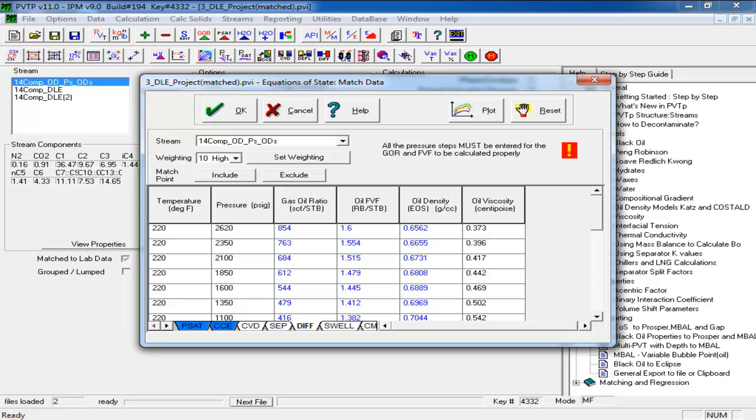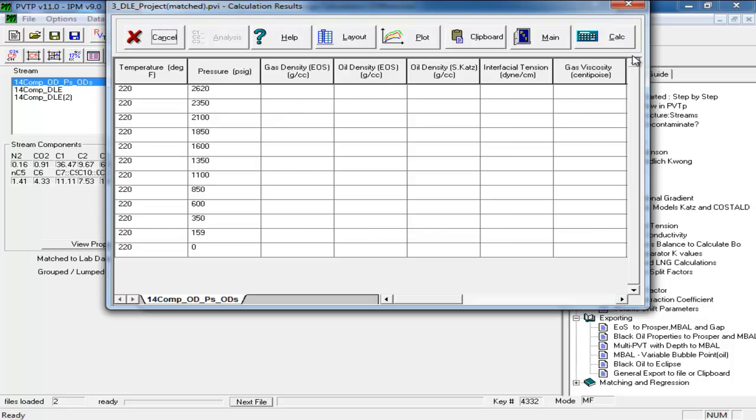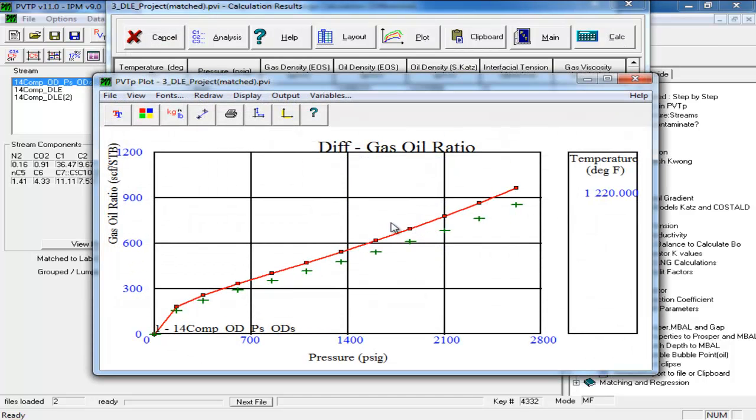To know that, you just go to differential, calculate, and you can show plots. So your equation of state is not able to produce this one. It's not able to produce like your PVT measured data.